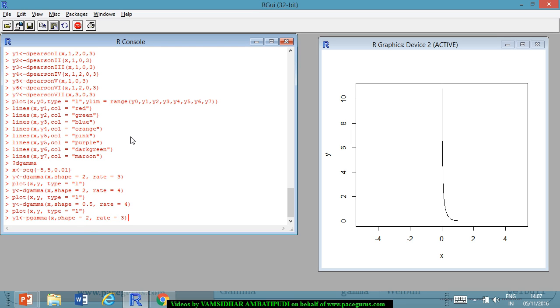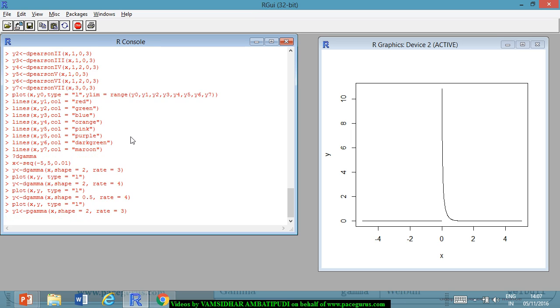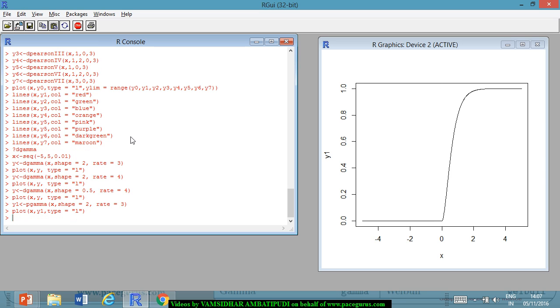So what happens is, for the last one, I'll get the cumulative value as 1. For the first one, I'll get it as 0. So let's try plotting x comma y1, wherein the type I am setting it as L. So it starts at 0, it goes up to 1. So this is how the cumulative distribution function is coming, which we get through the plot function.